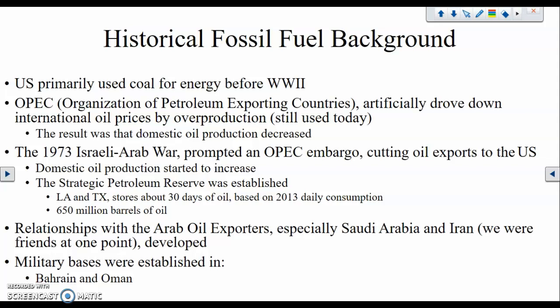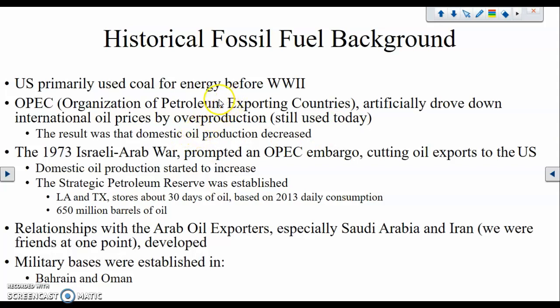But the problem is, before the 1970s, there was this thing called the Organization of Petroleum Exporting Countries. This is primarily countries in the Middle East, so we're talking about Saudi Arabia, Kuwait, Iran, Oman, United Arab Emirates, all of these countries.